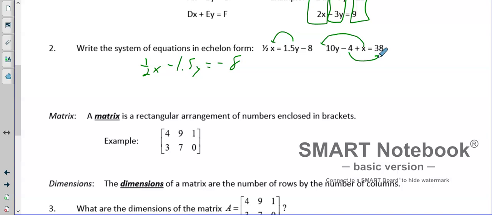Okay, so we can't just move the 4 over and say 10y plus x, because they wouldn't be lined up. There's no making the x negative, because we didn't switch sides. We're just switching positions on the same side. So that stays positive, and this stays positive. The 4 changes sign because we had to add 4 to move it over to the other side. And that's it. That's the setup.